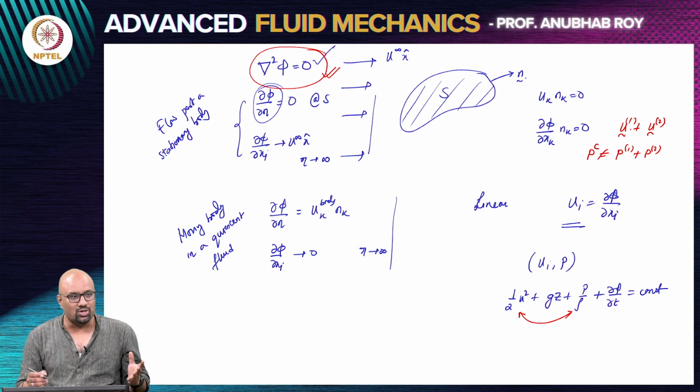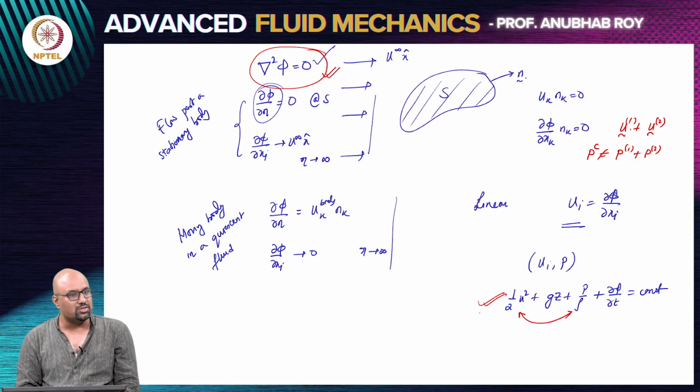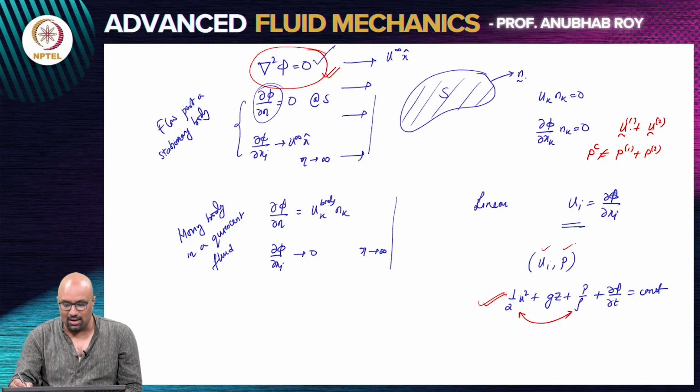But the full solution is not just the velocity field, there is a pressure field associated with it. So, once you obtain the velocity field, you need to obtain the pressure field, for which you need to go back to your Bernoulli equation, and that is a nonlinear equation. So, the entire solution, which is u comma p, you cannot superpose.